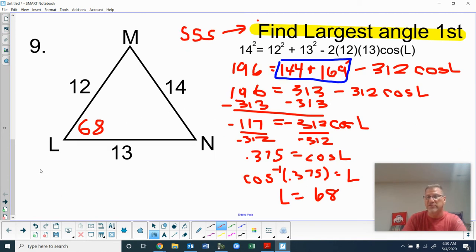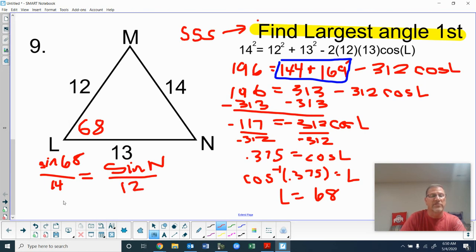And then we'll add those two answers, subtract from 180 to get angle M. So it's sine of 68 over 14 equals the sine of angle N, because it's the smaller one of the two, over 12. And you guys should be able to finish up from here. I'm just going to do all the work on my calculator because I'm running out of room here.